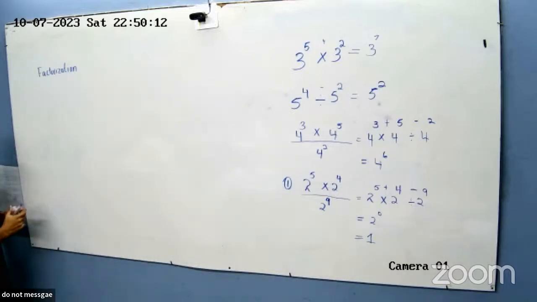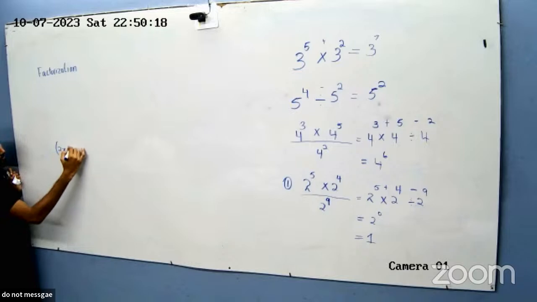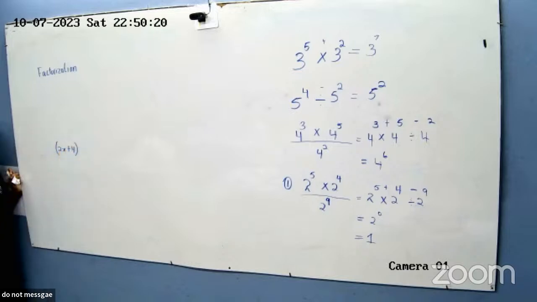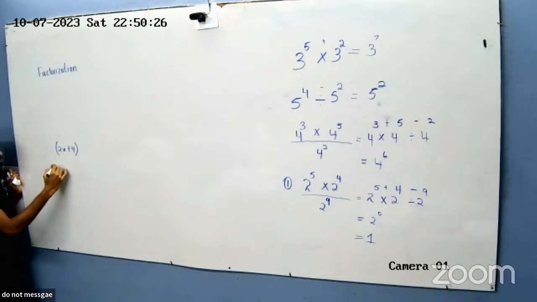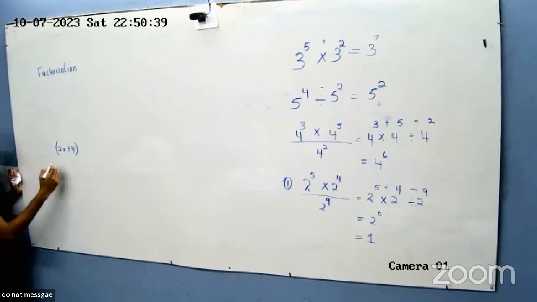If we have something like this, right? And we want to know what is common between these 2 numbers. What is common here? 2. So you can take out 2, right? A dot means multiply, right? Instead of putting x again, you'll get confused. So just use the dot for multiply.